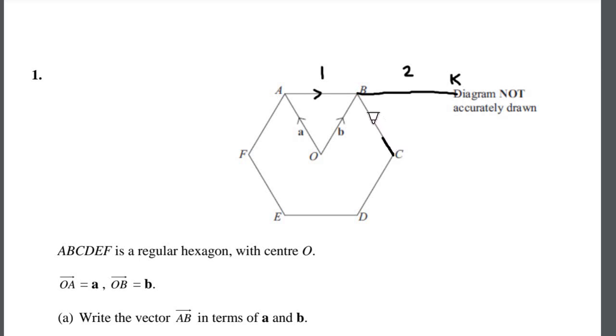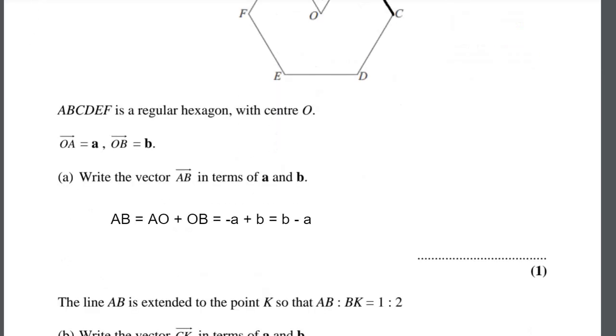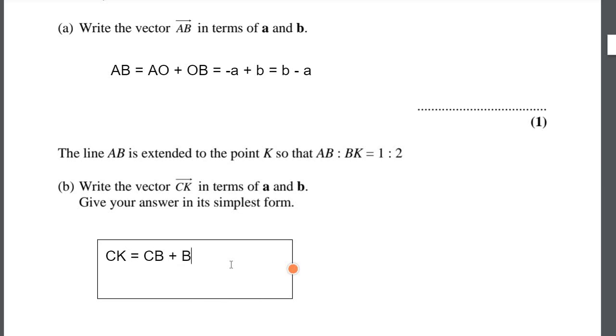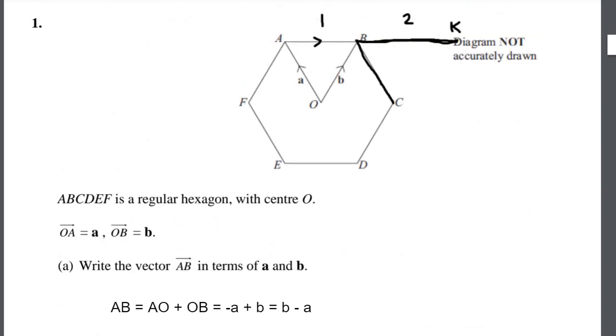We can go from C to B and then from B to K. That will give us the vector CK. So let's write that down. Vector CK is equal to CB plus BK. Now, how much is CB and how much is BK? That is something that we need to figure out now.